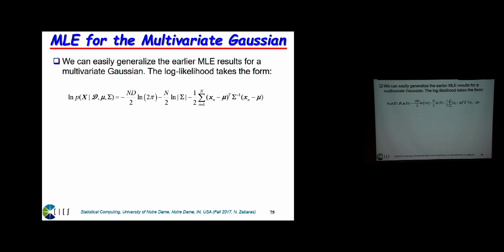I have n samples. From the exponential, the product of the probabilities basically will give me a summation over these expressions. And I want to optimize this with respect to the vector mu, and I want to optimize this with respect to the symmetric matrix sigma. Will you be able to do derivatives with respect to mu and sigma?